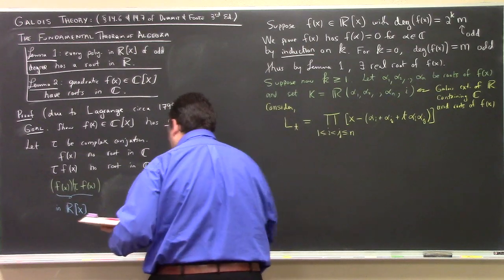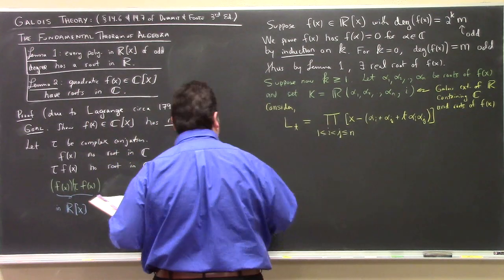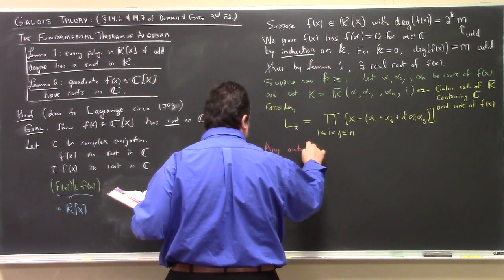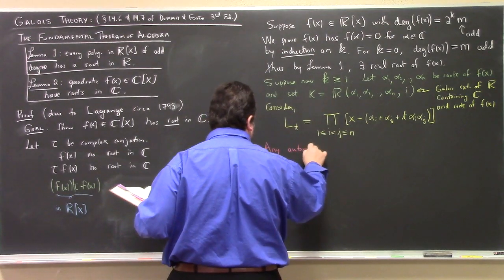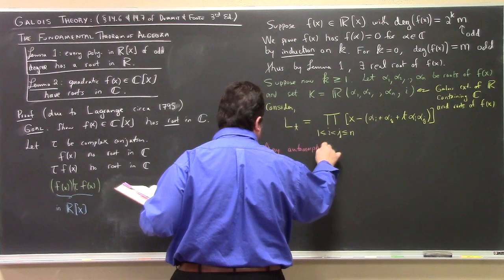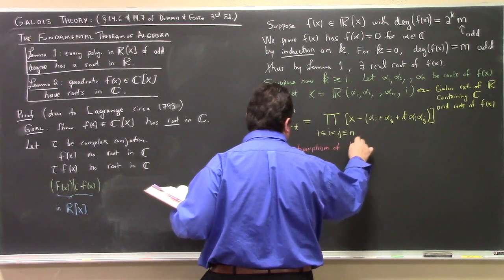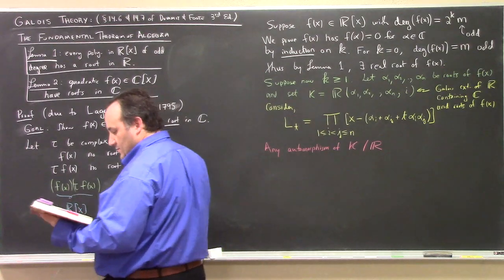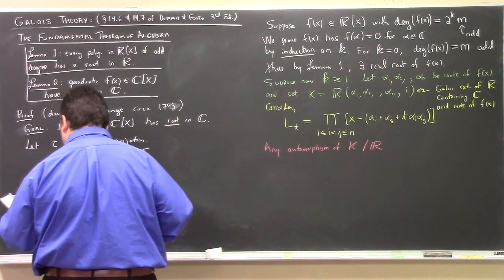He points out the following. Any automorphism of K over R permutes the terms in this product.